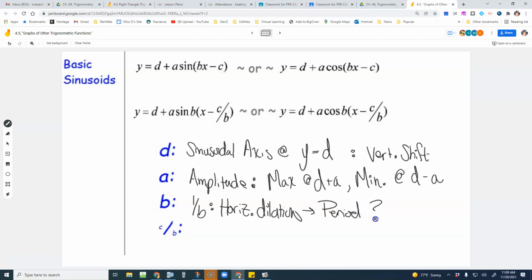I'm going to put a question mark by that, and we'll come back to period next time. And then C over B, if you guys notice right now, it's kind of weird. Some of them have the B and C all in the parentheses. Some of them just have the B outside. Actually, this is the nicest one to graph. But sometimes you got to get there. But C over B is going to be the phase shift. Like the phases of the moon, sort of.